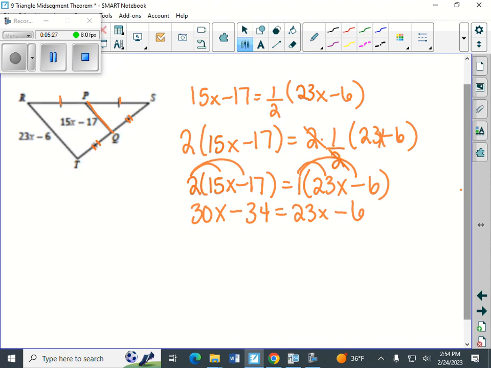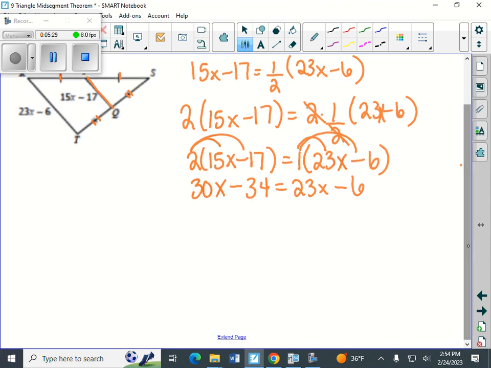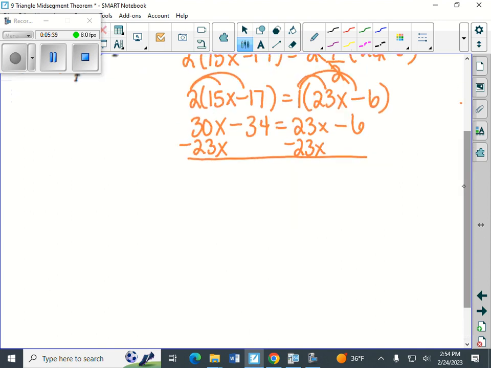And we will solve by moving the letter to the left. Again, you solve it the way your Algebra 1 teacher taught you. And when we do that, we end up with 7x minus 34 equals negative 6.